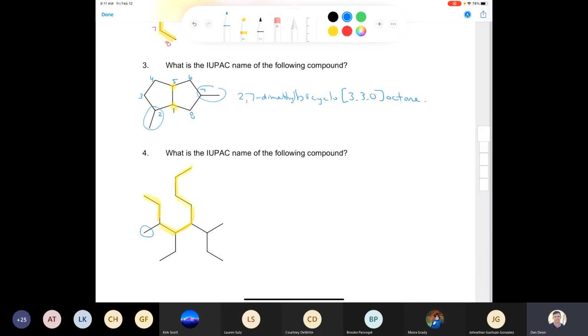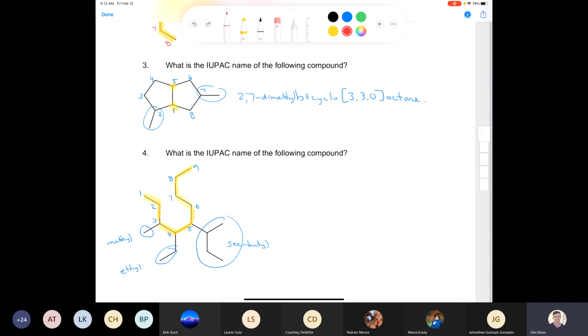I've got 3 substituents. I have a methyl, I have an ethyl, and I have this one over here. Could anybody name that one on the side? Is that a sec-butyl? Heck yeah. Yeah, it's a sec-butyl. Right, and I numbered it in such a way to give the first substituent the lowest possible number. So I've got a 3-methyl, a 4-ethyl, and a 5-sec-butyl.